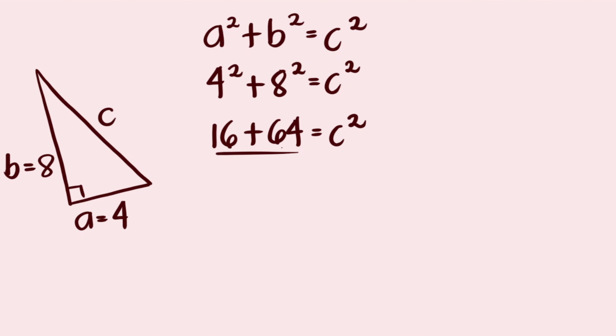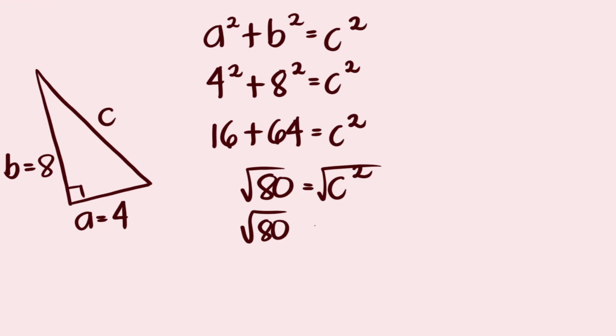Now 16 plus 64 is equal to 80. Taking the square root of both sides, we have square root of 80 is equal to c.